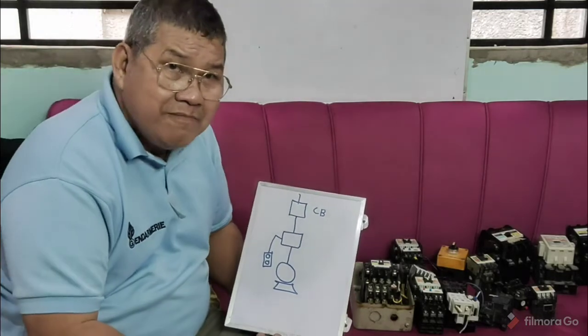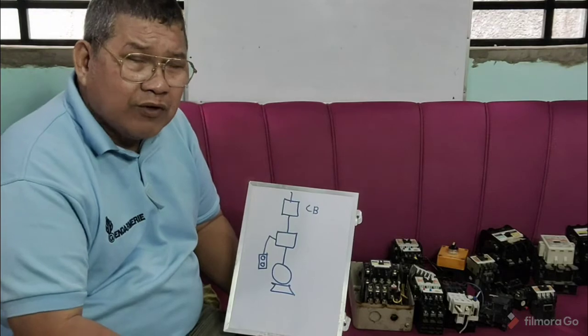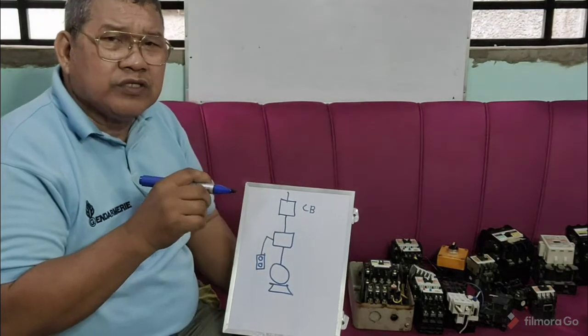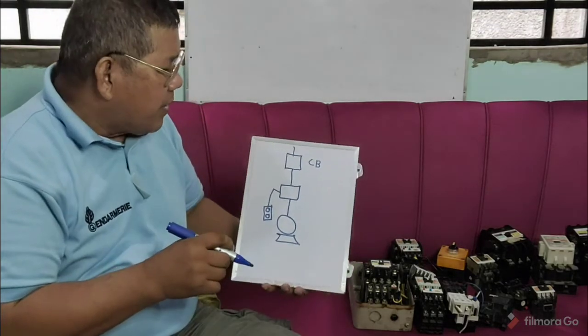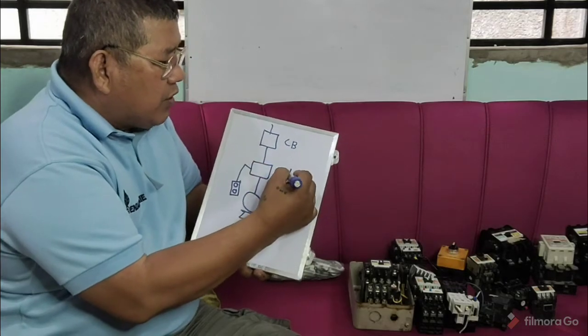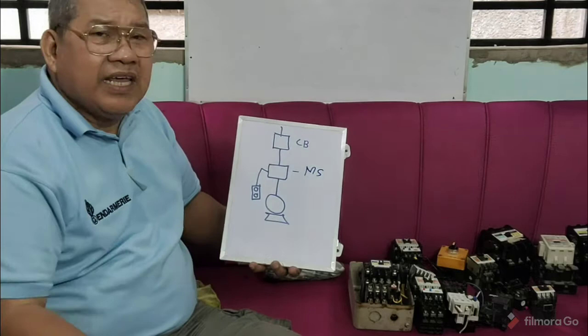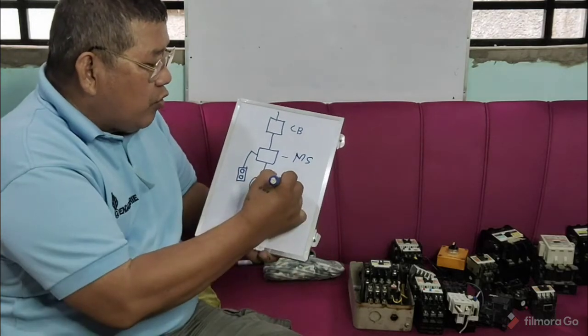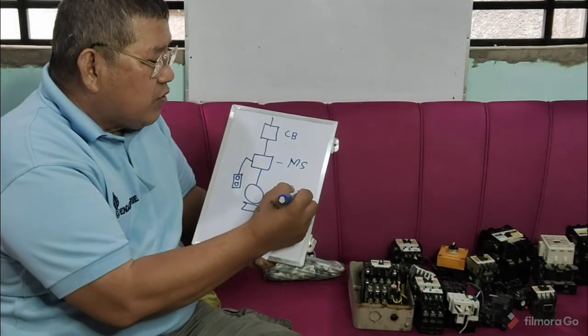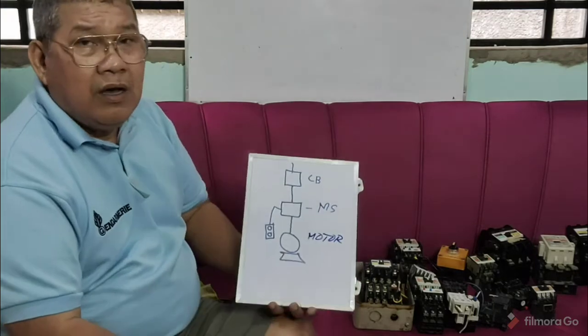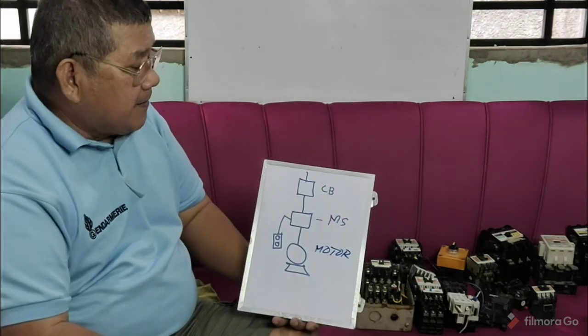Particularly, this will protect your conductor, especially if there is a short circuit in your system. And then here we have the magnetic starter, and then you have your motor here. So this is the single line diagram of our system.